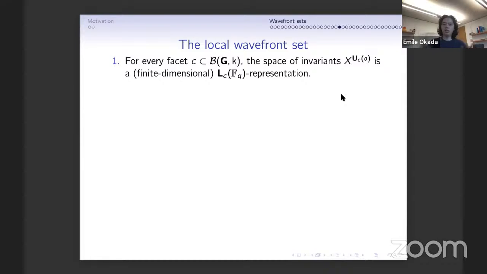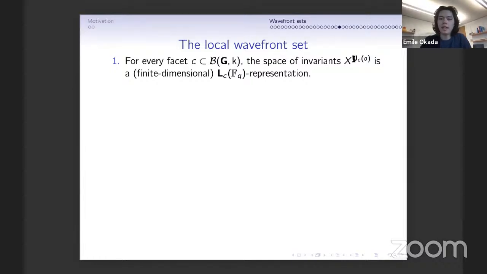Okay, so this is all the tools that we need to define the first approximation of this canonical unramified wavefront set that I've described. And it goes as follows. We need these so-called local wavefront sets first. And to do it, we attach to every facet a representation. If you have a facet of the building, you can take the space of invariants of your representation with respect to the pro-unipotent radical.